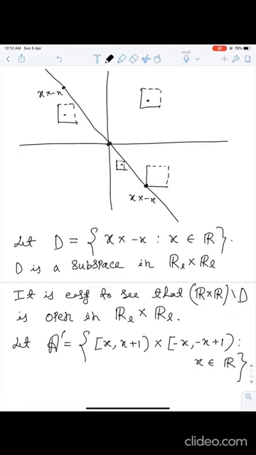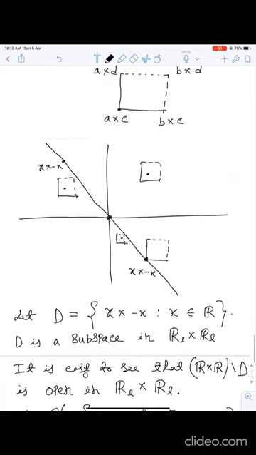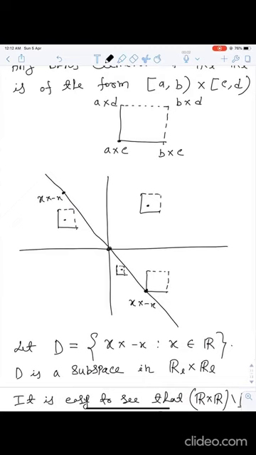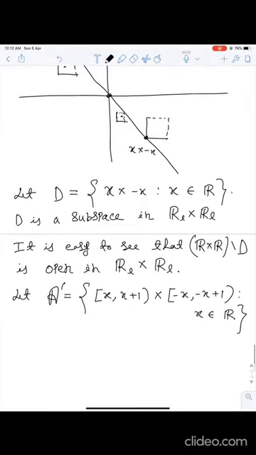This open set contains x cross minus x, and it will intersect the diagonal in exactly one point. If x is negative, then minus x is positive, it is fine. This is my rectangle.